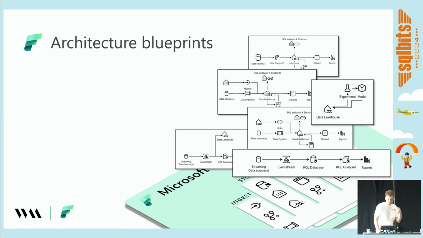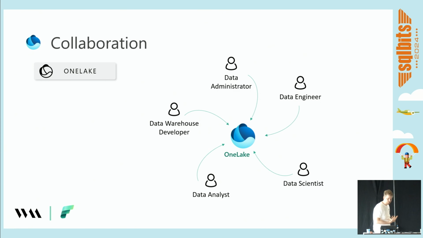The reason why I want to briefly talk about Fabric as a whole is that at the heart of Fabric, we really do have OneLake, which, if you ask me, is the one big innovation, the one true newness of Fabric. Because if we look at all the other toolboxes, all the other experiences, most of them are replications of something we already could do before.